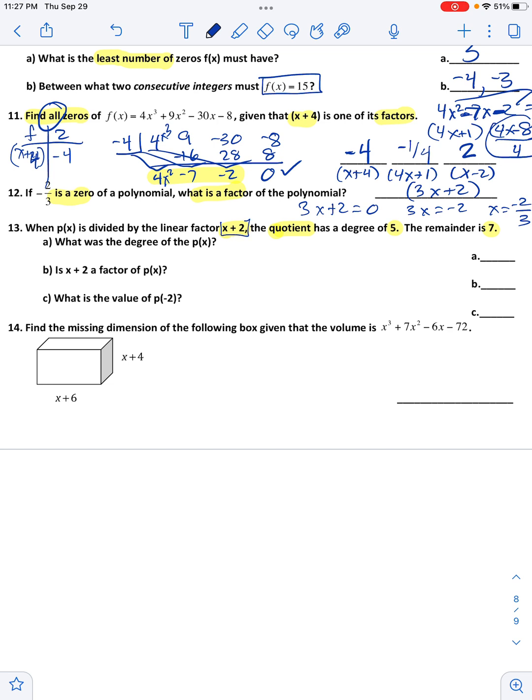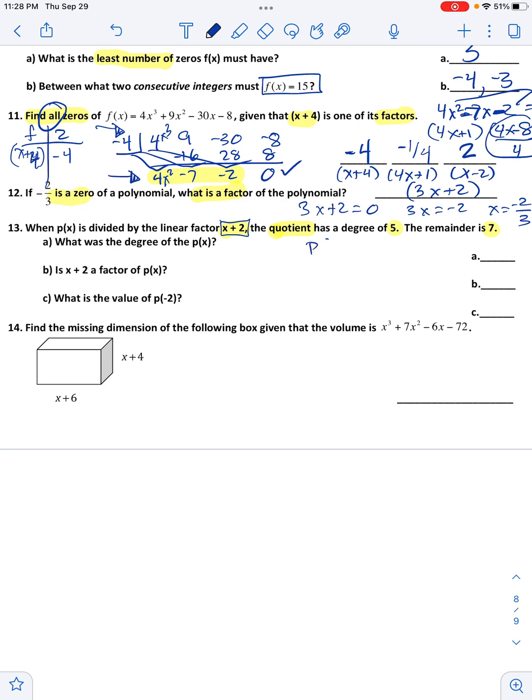If you're dividing by x plus 2, would you use synthetic division or long division? I would use synthetic. And it's saying that when you're done, you have a degree of 5. So like this row that you get would have a degree of 5.